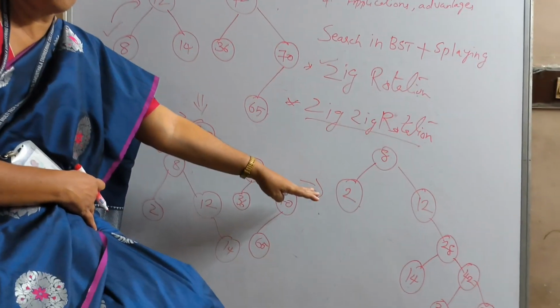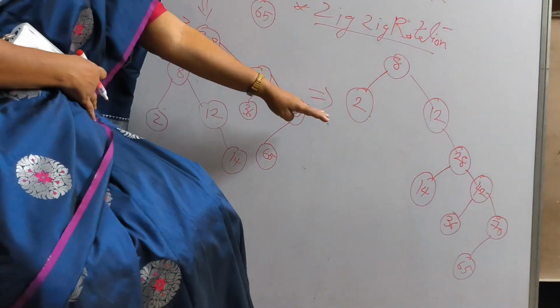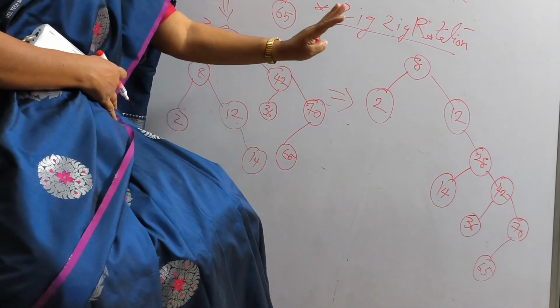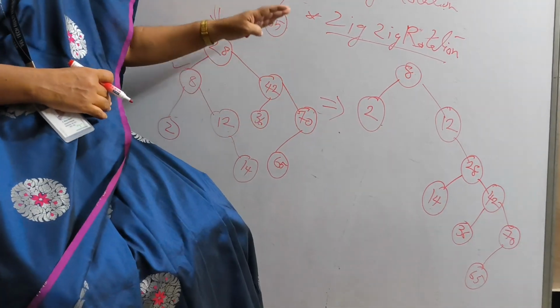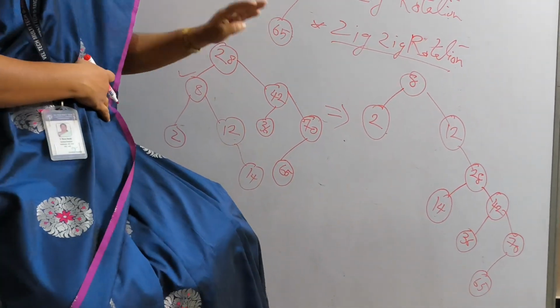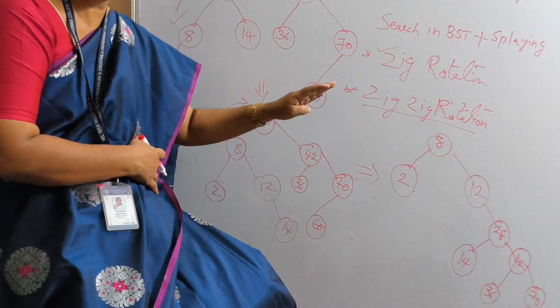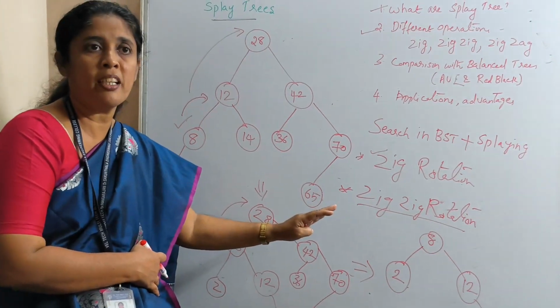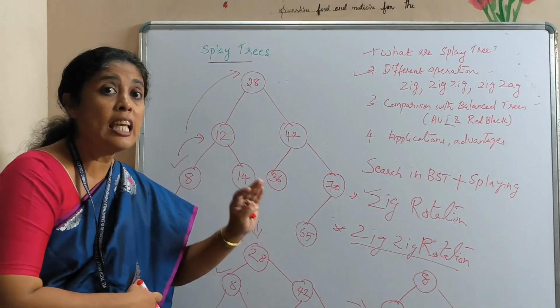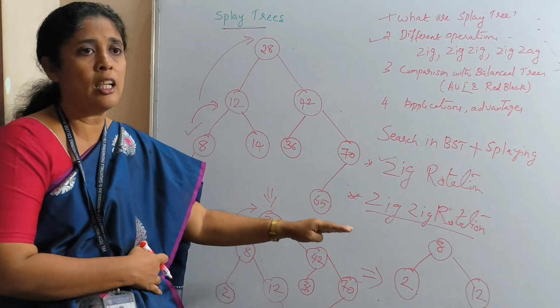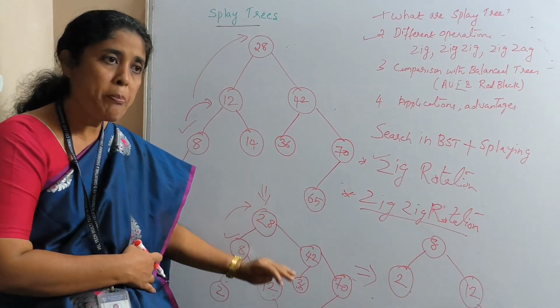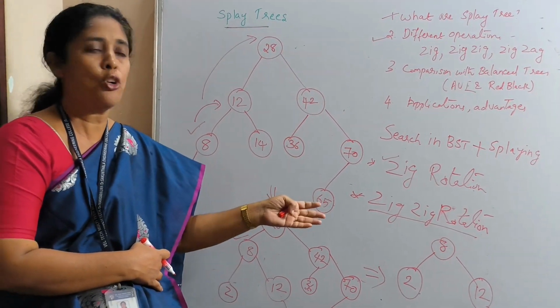When we see this tree, it is not a balanced binary search tree. It is just a splay tree, that's all. That is why I said splay trees are not balanced binary search trees. It is a self-adjusting binary search tree. It will adjust itself, make rotations, and bring the element we are searching for to the root.